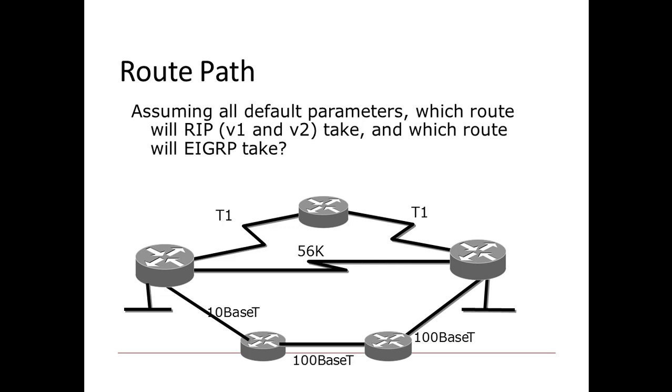You have to tell me which route RIP version 1 and version 2 will take, and which route EIGRP actually takes, starting from this path to this path. You have to tell me which path both of these protocols will take.